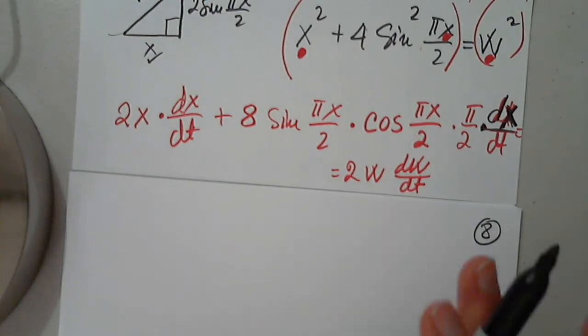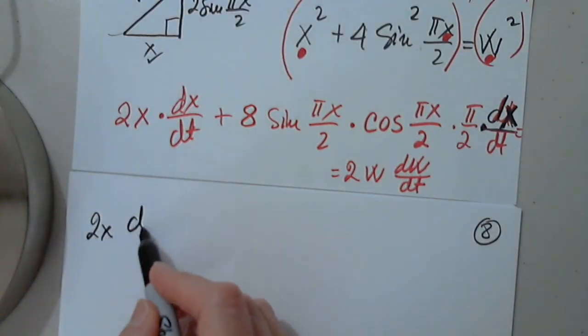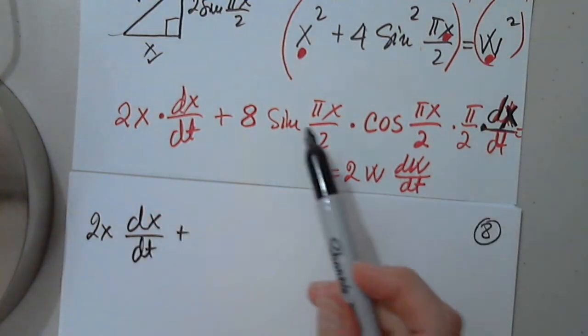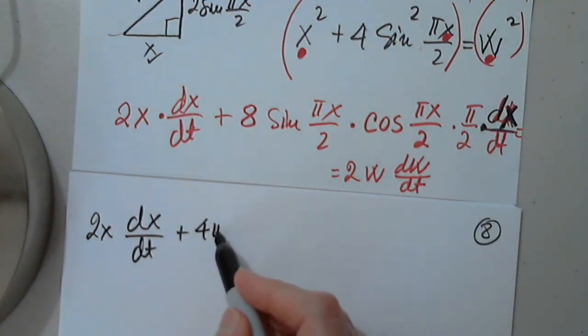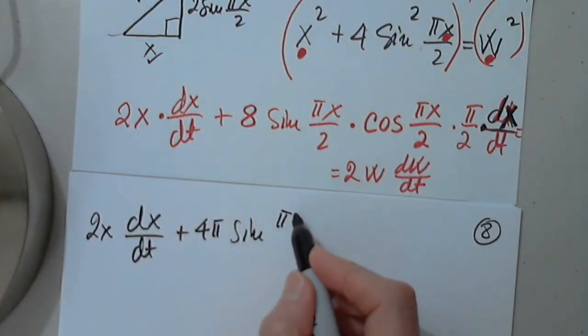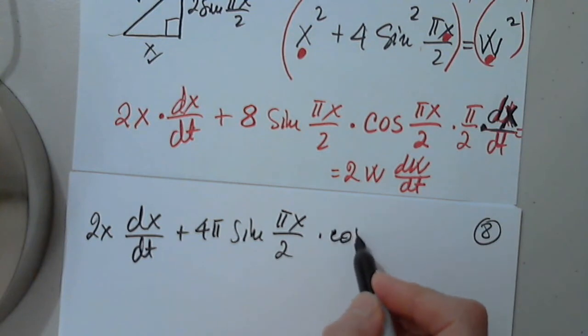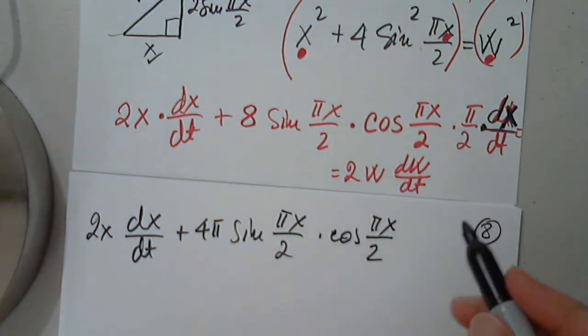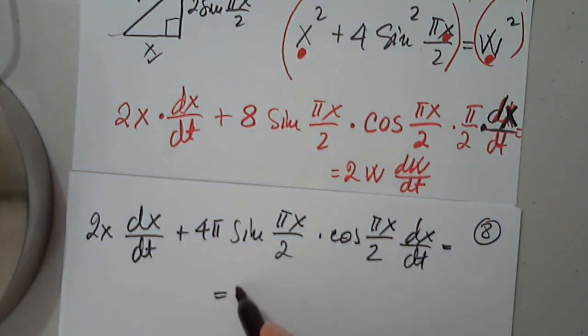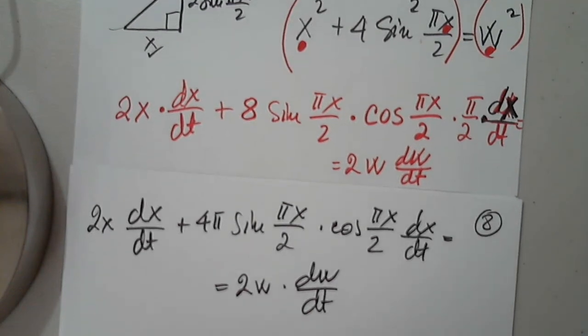So I'm going to write it one more time. 2x dx over dt plus 4 pi sine pi x over 2 cosine pi x over 2 dx over dt equals 2w times dw over dt.